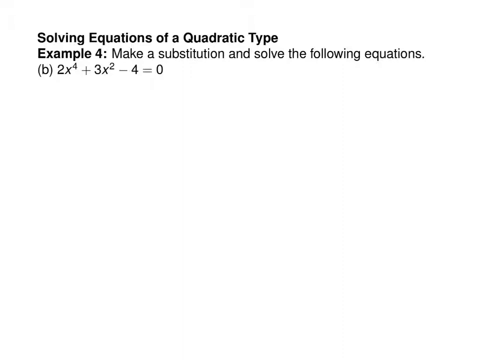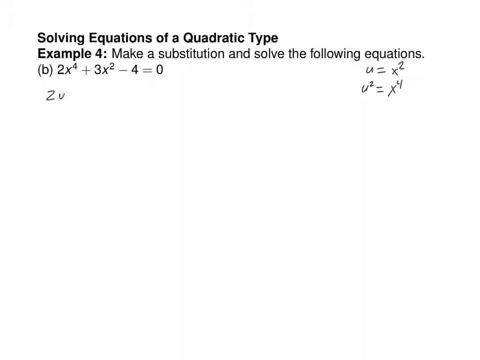Okay, holy moly, this one. Does this one factor? I don't think it does. So let's do the substitution just to practice. You'll let u equal x squared, right? So u squared is x to the fourth.